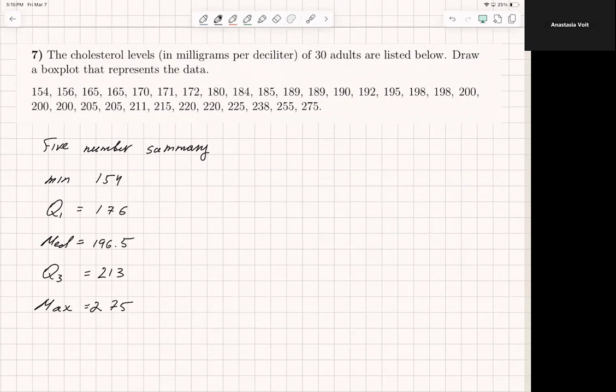For that, I need to calculate lower fence and upper fence, right? So lower fence would be Q1 minus 1.5 times (Q3 minus Q1), which is 176 minus 1.5 times (213 minus 176), which gives me a value of 120.5.